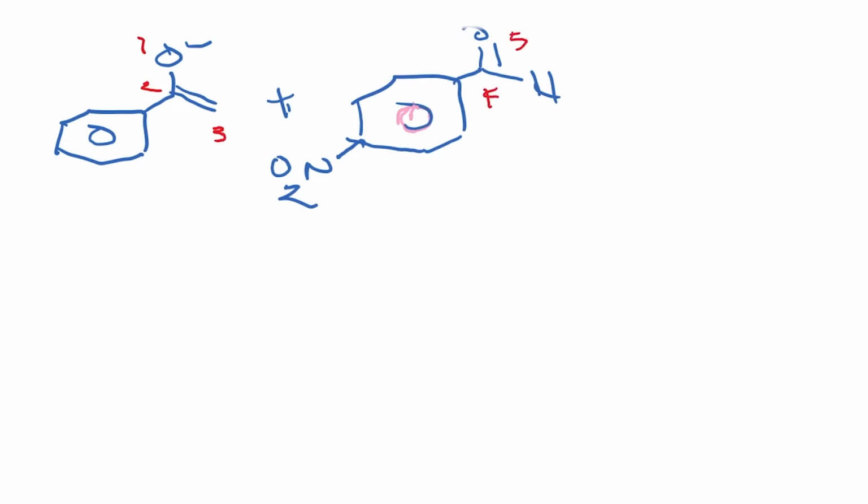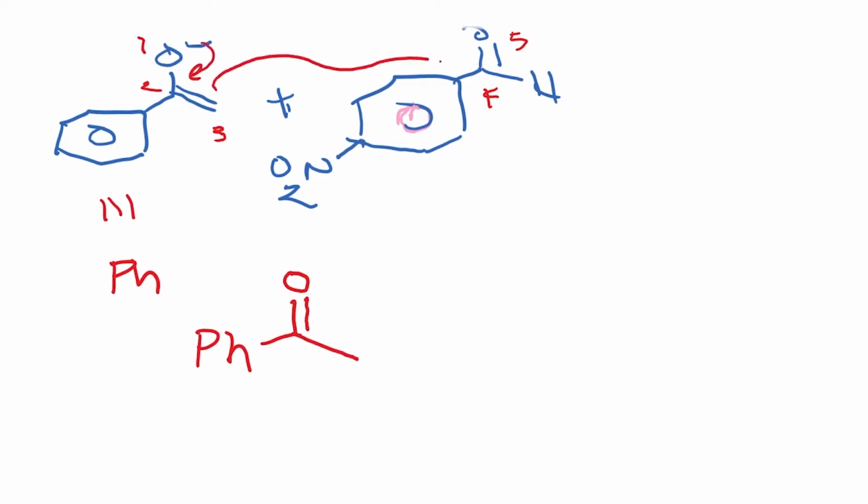I'm just going to call this Ph, and so this becomes PhCO. This ketone is restored, and now there's a new bond between this and this. I'm going to draw this in a different color so that you can clearly see it.